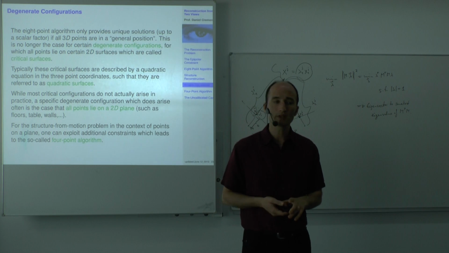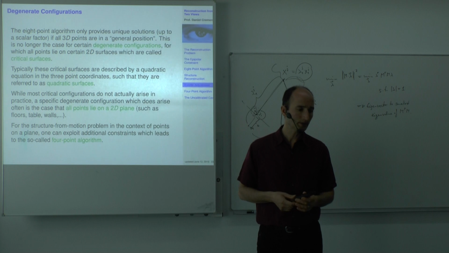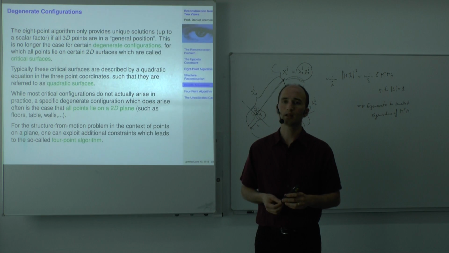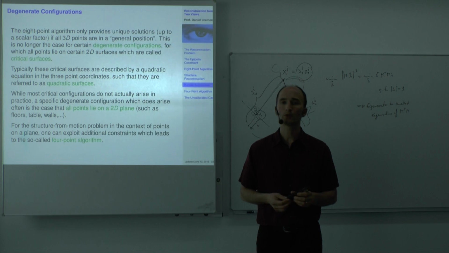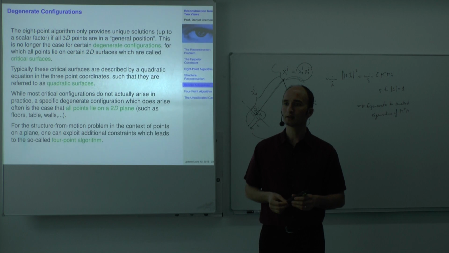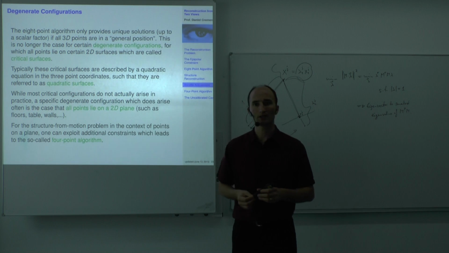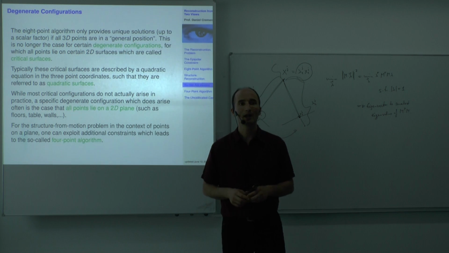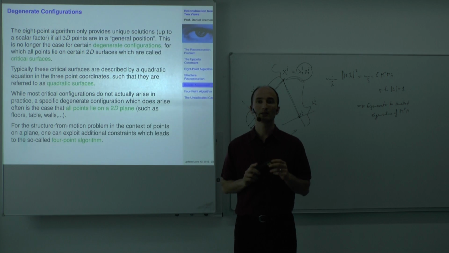But it happens frequently, and in fact there are a lot of algorithms in computer vision that work amazingly well under the assumption of planar structures. Has anyone seen Google Goggles? It's an app for smartphones by Google. That is an application that works very well for recognizing structures as long as they are planar.